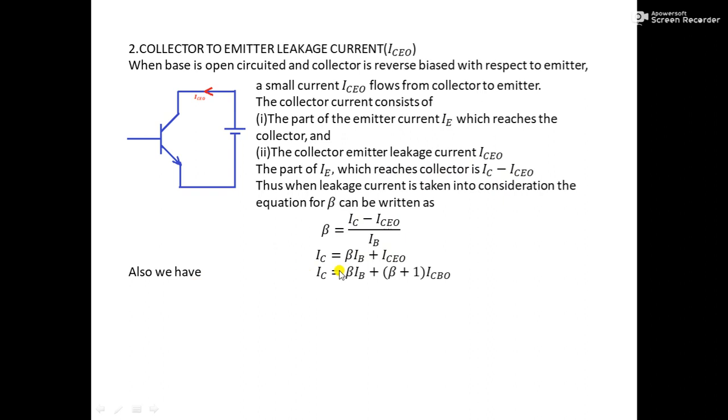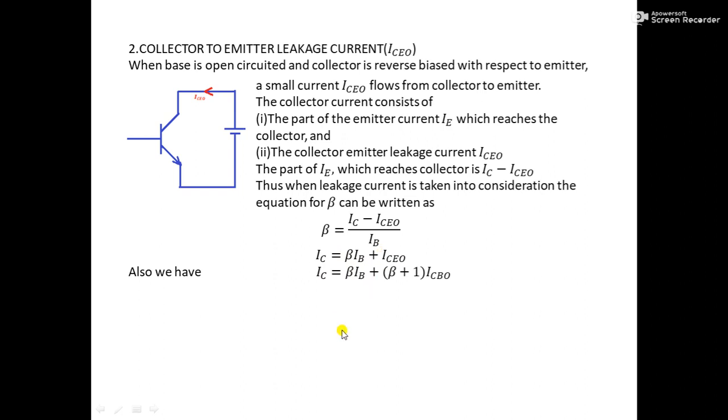And also we have from the last section that IC is equal to beta IB plus (beta plus 1) ICBO. This gives the value of IC for the common emitter configuration, and the other gives the equation for the common base configuration.